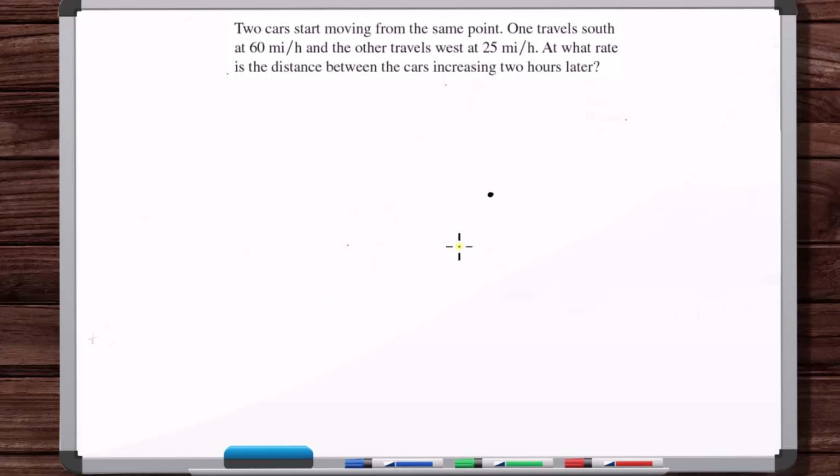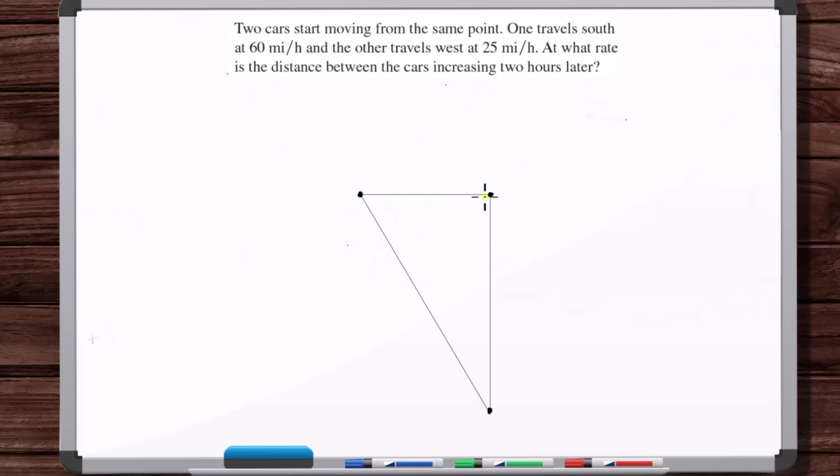Okay, this car will have traveled further because it's going 60 miles an hour. So here is the car that's traveling south, and then the car that's traveling west doesn't go as far because it's traveling slower.